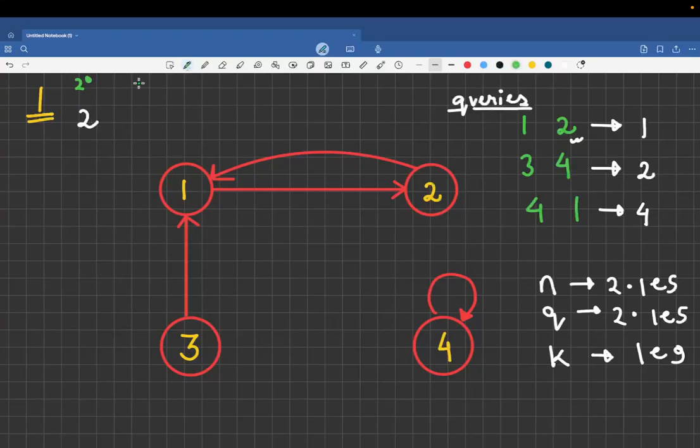Similarly, what will be the 2 power 1th parent of node 1? 2 power 1th parent means we are teleporting 2 times, right? So again, if you look, from 1 we move to 2, then from 2 we move to 1. So for 1, the 2 power 1th parent, that is the second parent, is actually 1.